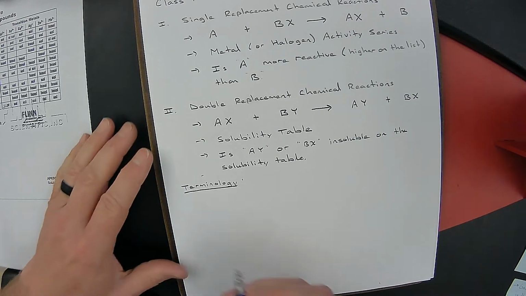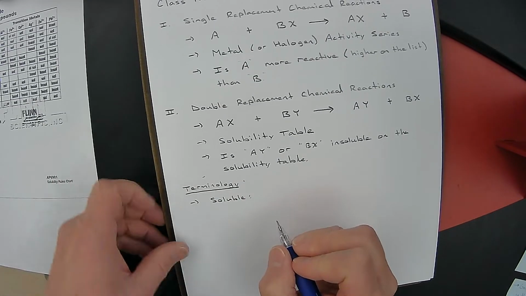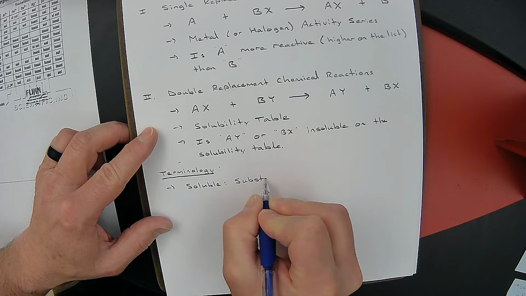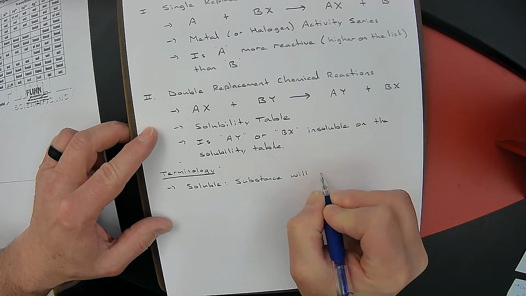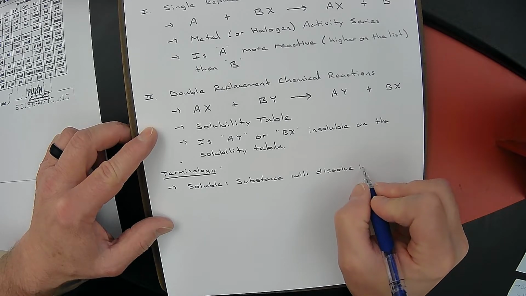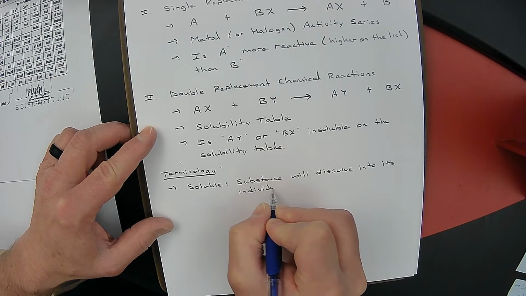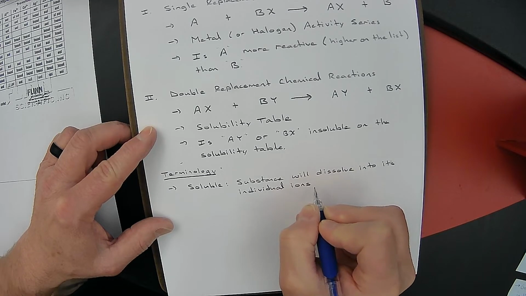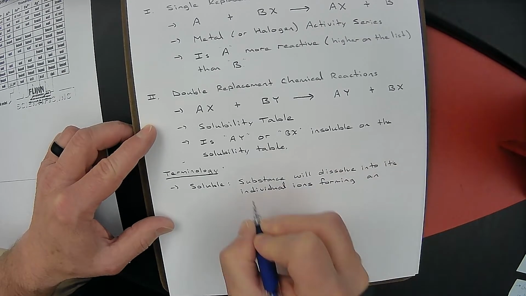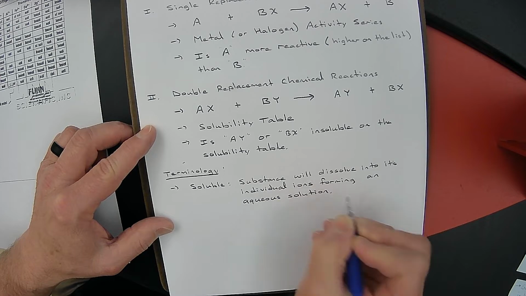First off, the term soluble means that the substance will dissolve into its individual ions, forming an aqueous solution.